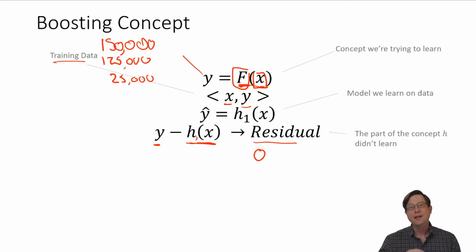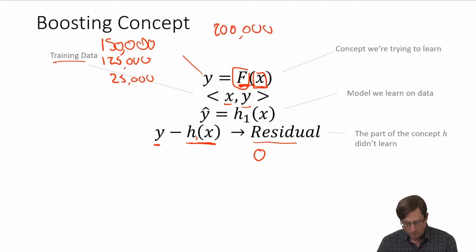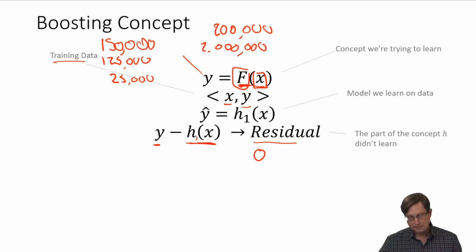Some houses H1 will be totally morbidly confused. And if the purchase price was like 200,000, H1 might say it's $2 million. Totally wrong. And in this sense, the residual contains a number which is how wrong H1 was for that particular part of the concept. What can you do with that?